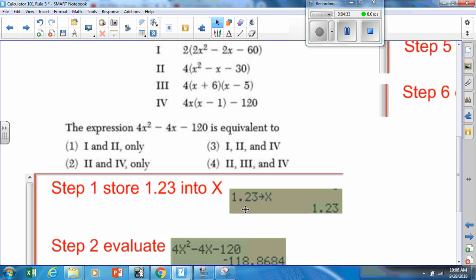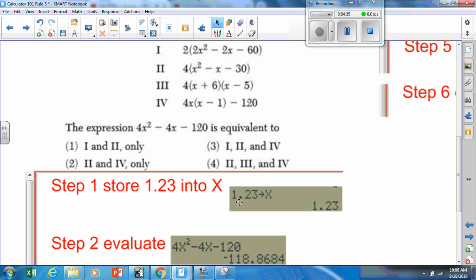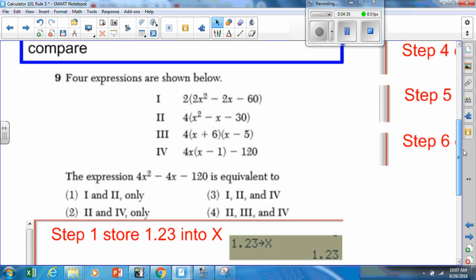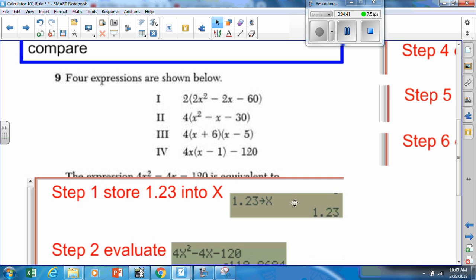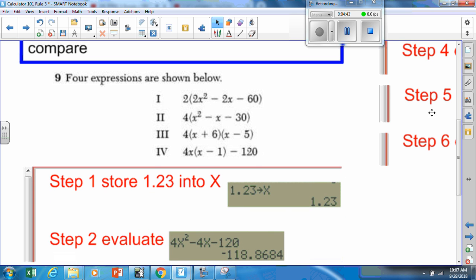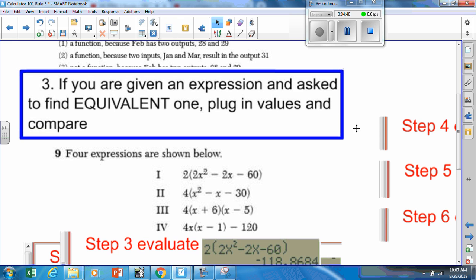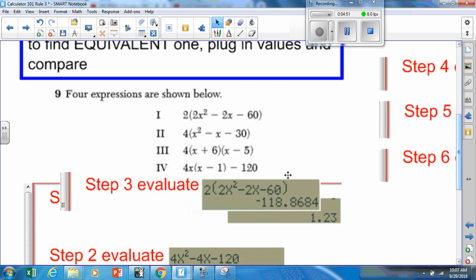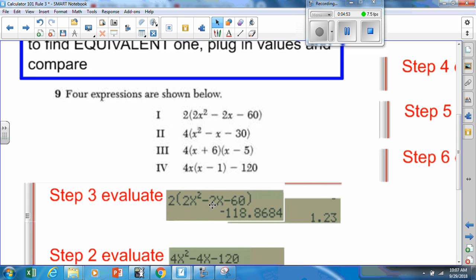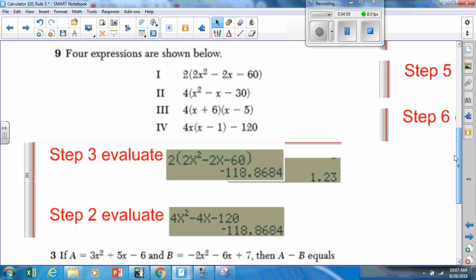So let's kind of go through it. So let's get 3 here. 3, put that into our calculator. 3 corresponds with our first option. That's going to return negative 118. So we know that's equivalent. All right, methodically, we do the same thing with expression 4. Expression 4 also returned negative 118.